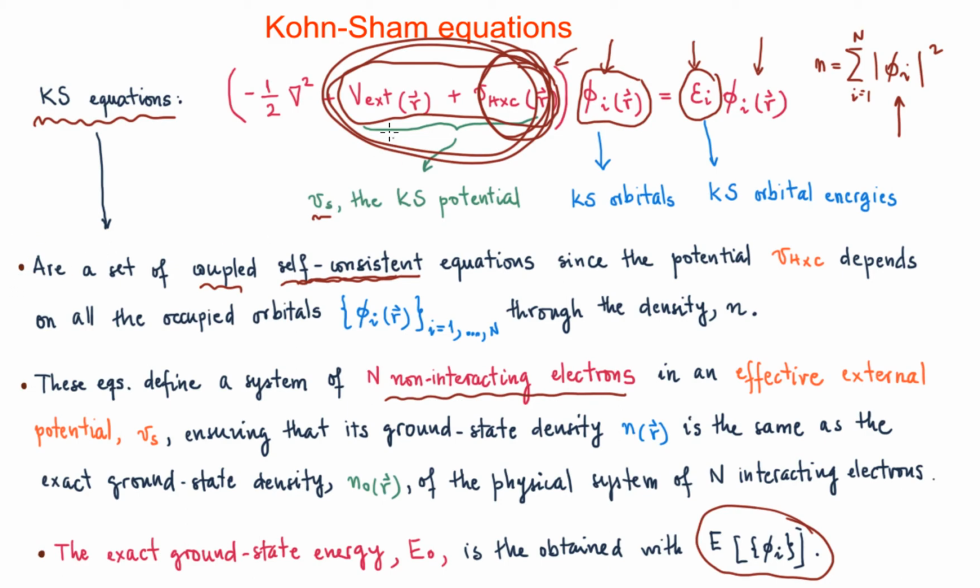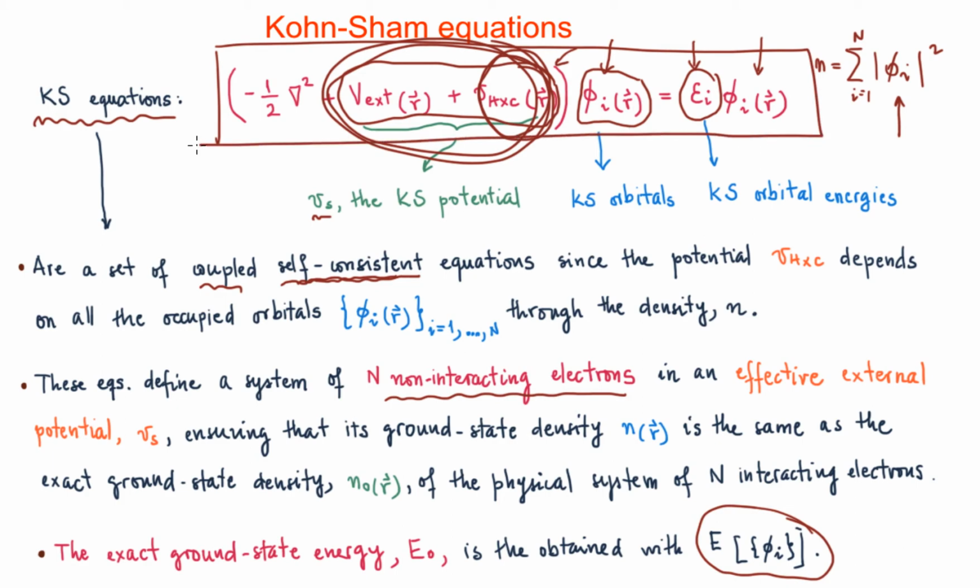So here we have derived this very important result, the key result in the Kohn-Sham method: the Kohn-Sham equations, the equations that we need in order to build the ground state density and the ground state energy. Of course, in order to have those equations, we need some approximation for the Hartree exchange correlation energy functional in order to get from it the Hartree exchange correlation potential.